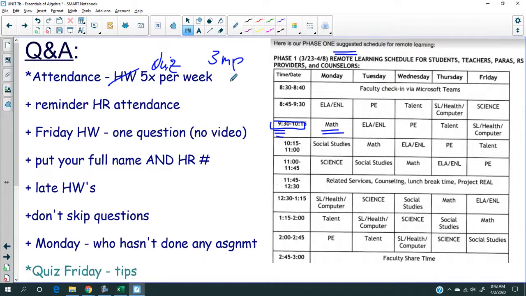Assuming that we have to do it, and this is why perhaps some of you are trying to get your work into your other subject teachers, because they're aware of it too. We're going to figure out school-wide what to do with the third marking period grades.